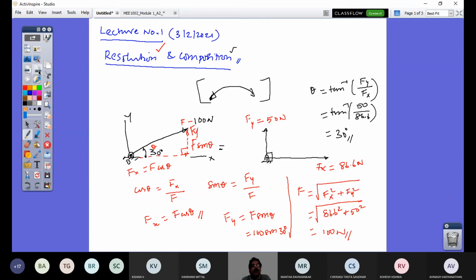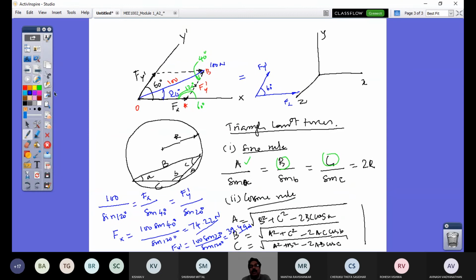So now how do you compose these two forces and then cross check yours? That is exactly another fundamental principle called the parallelogram law of forces. So you should understand what it is. The parallelogram of forces is what we'll apply, and then we'll cross check that I get back this 100 Newton, and there we end today's lecture.